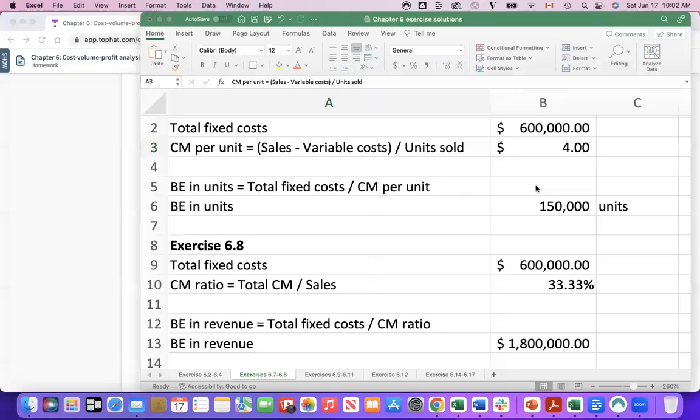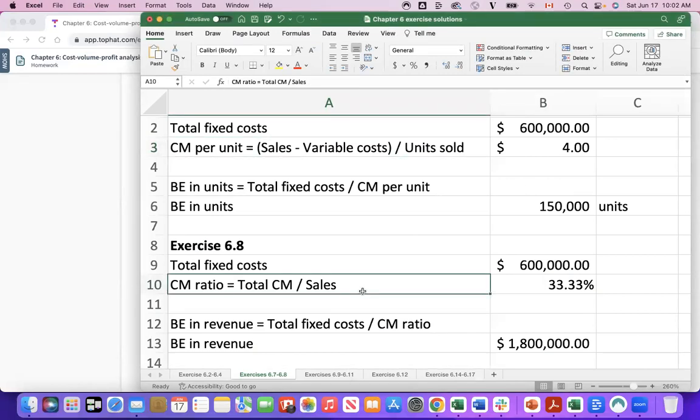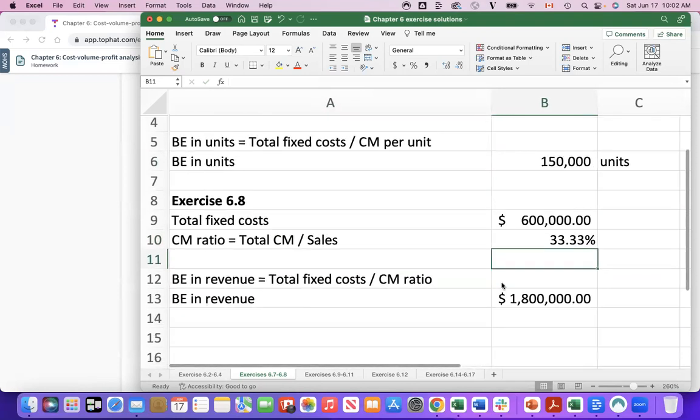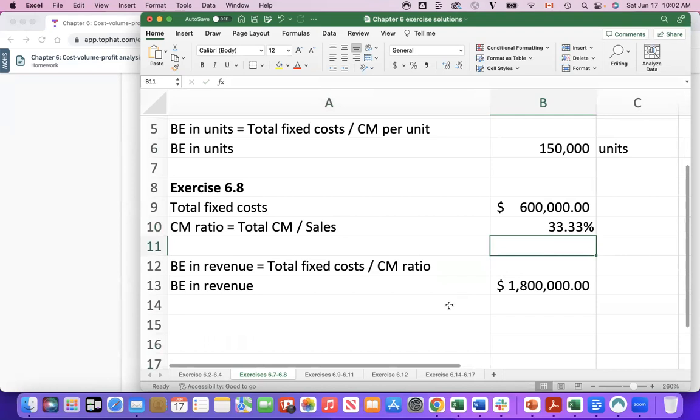So total contribution margin is $400,000. And we divide that by total sales. So you can see the formula there, sales minus variable cost divided by sales. We get a contribution margin ratio of a third, or 33.33%.